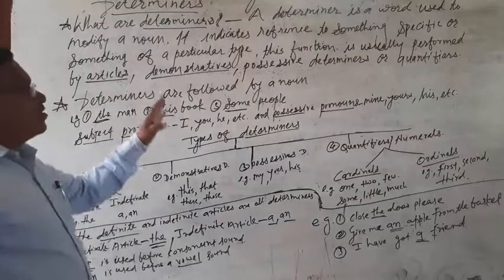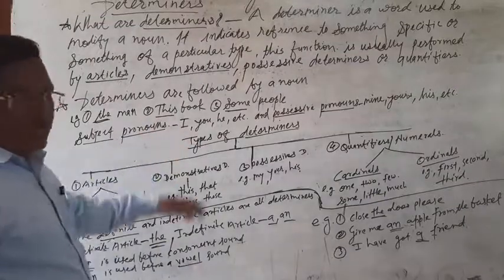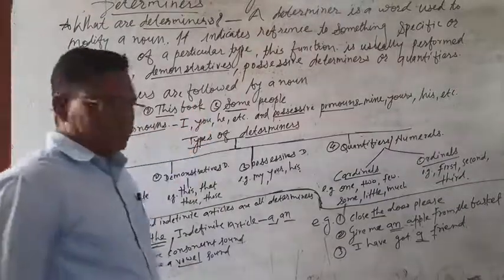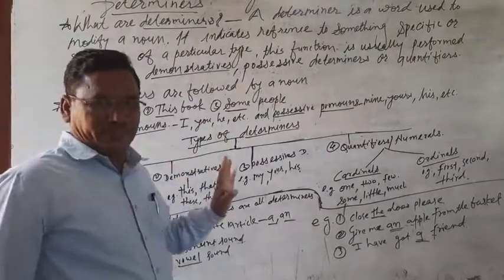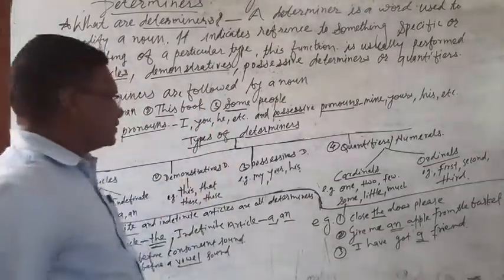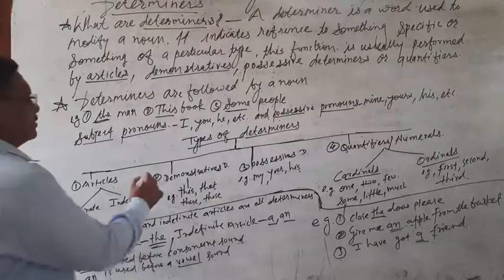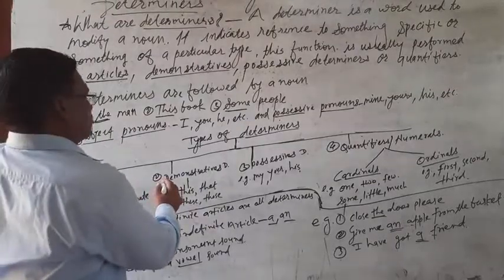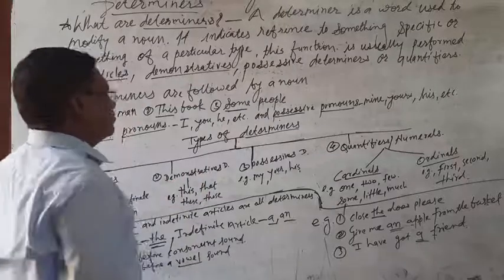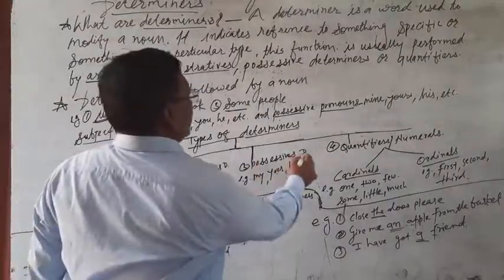Now here are the types of determiners. How many types of determiners are there? Number 1, articles. Number 2, demonstrative determiner. Number 3, possessive determiner.